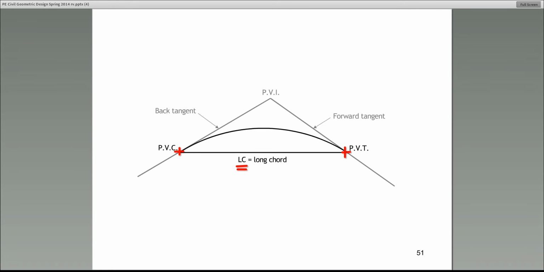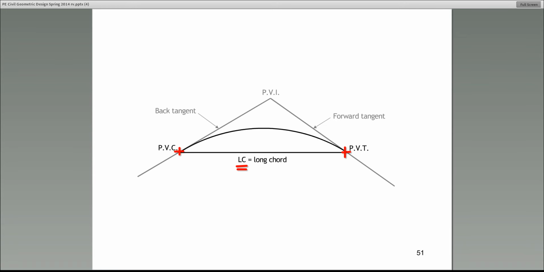We use it as a reference. Or if the curve is a sag, if it's below ground, then the PVI would be somewhere inside the earth. But don't let that confuse you, all right? Because it's not that important. But we use it as a reference, all right?